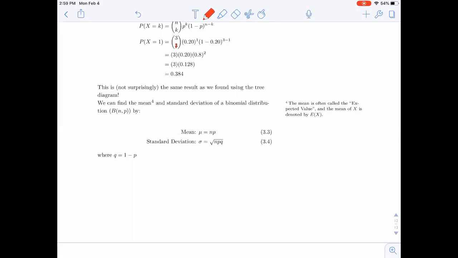What's nice about knowing the mean and the standard deviation is that now we can use z-scores to find probabilities of some x.